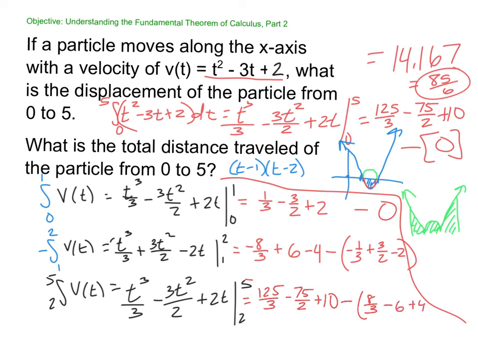Normally I would do this in my head, but I'm going to plug it all in the calculator. I ended up getting 14.5. Notice it wasn't a big difference because the piece from 1 to 2 wasn't below the axis very much. So that's it, 14.5.